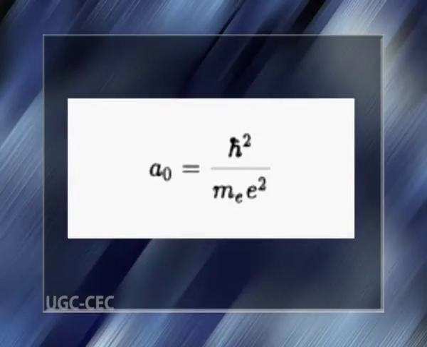In Gaussian units, the Bohr radius is simply a0 = ħ² / (me e²).